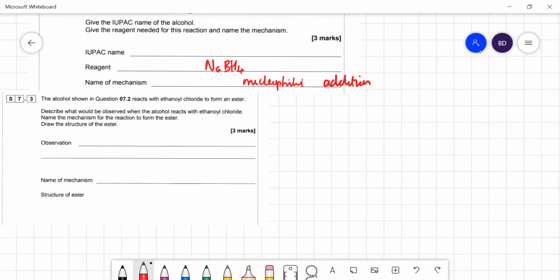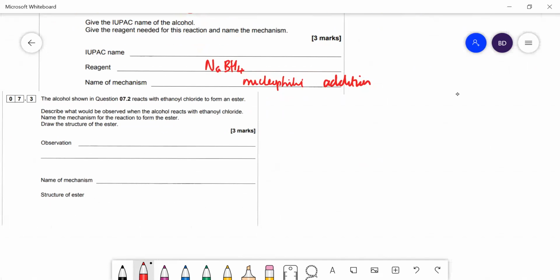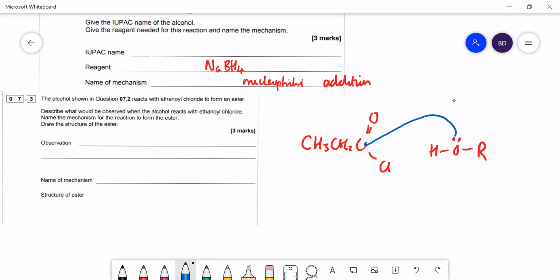Okay, question 7.3. The alcohol in 7.2 reacts with propanoyl chloride to form an ester. Okay, so whenever you react an alcohol with an acyl chloride, I'll just write down propanoyl chloride, and here's our alcohol. It's nucleophilic addition elimination, isn't it? Right, so that's going to go onto there.